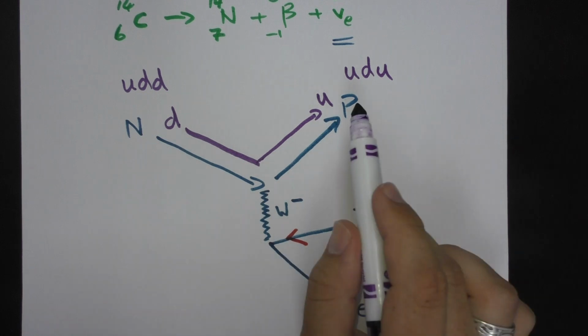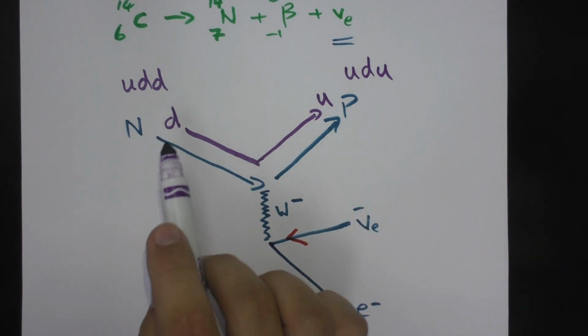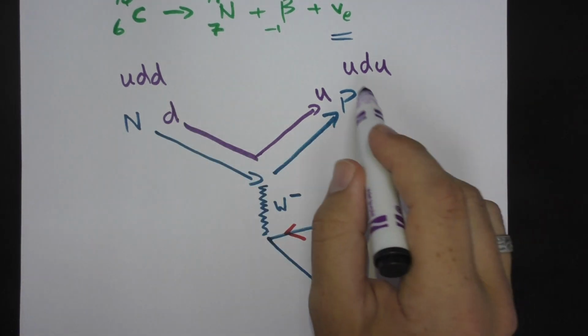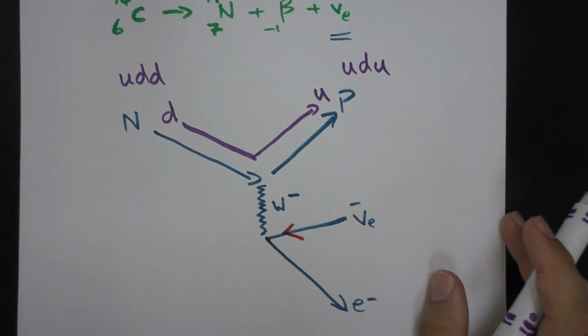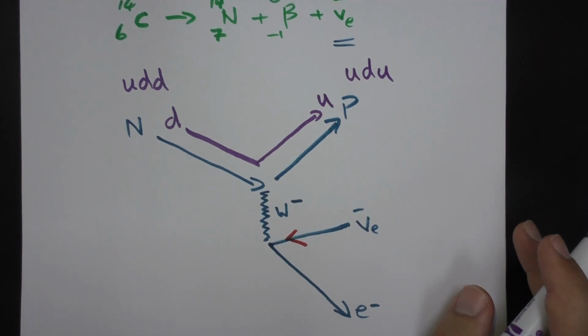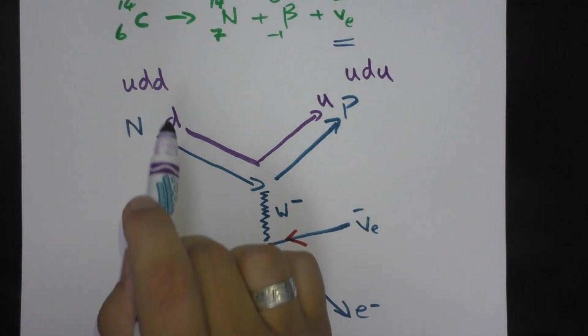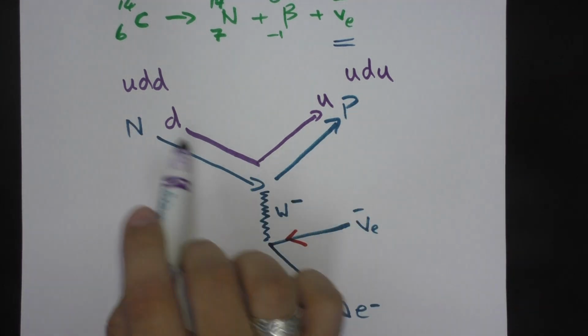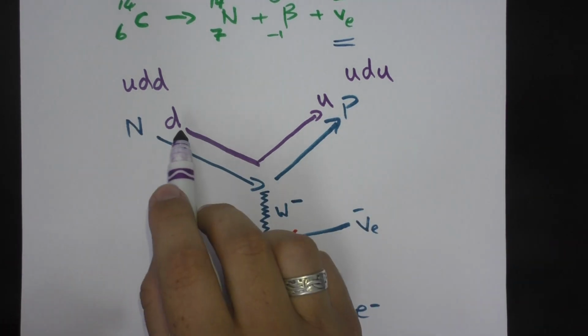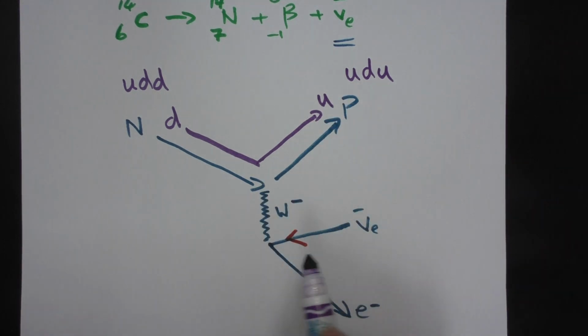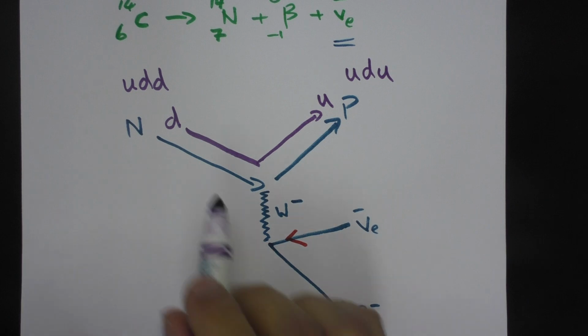Oftentimes we do see the neutron and the proton detailed here as well, but we're just showing the fact that the down quark and the up quark is the actual thing that's changing here. Now, please note, actually, this interaction is of the most importance because this still shows that we get a whole value of charge of 1e given off in this interaction.